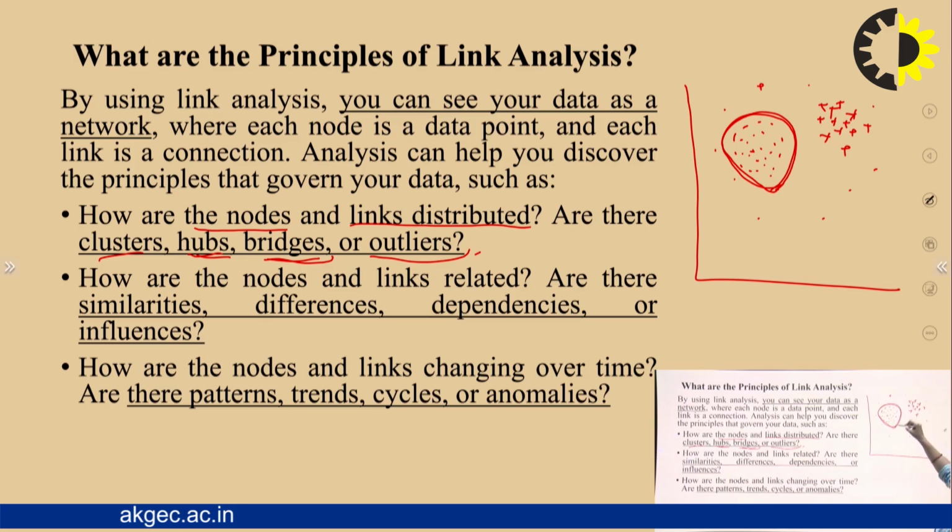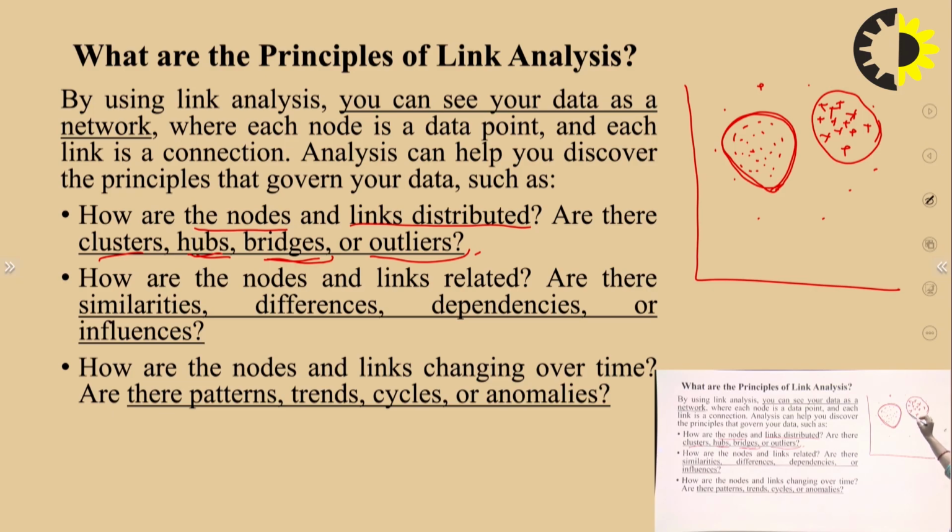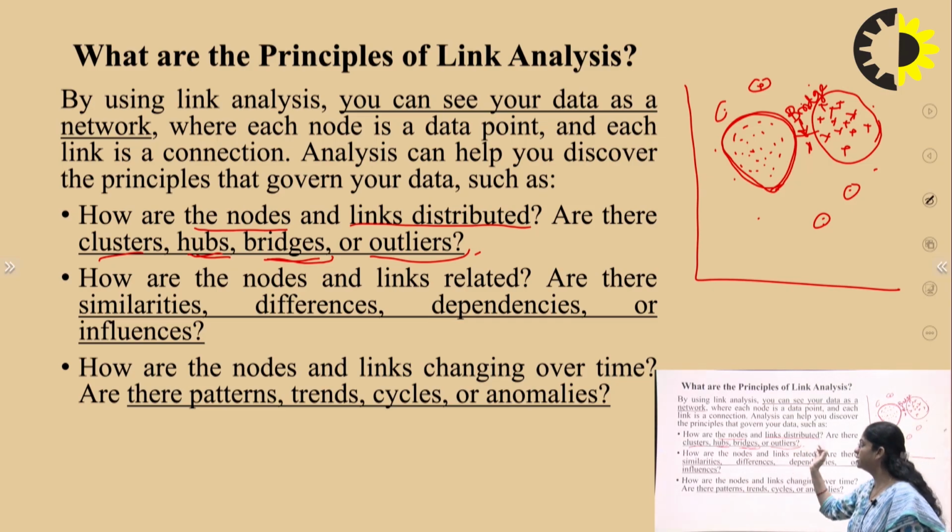This is called a cluster, and this also forms a cluster. If there is one node which connects these two, this is a bridge. By removing this particular node, these two clusters will disconnect from each other, and these nodes are outliers.